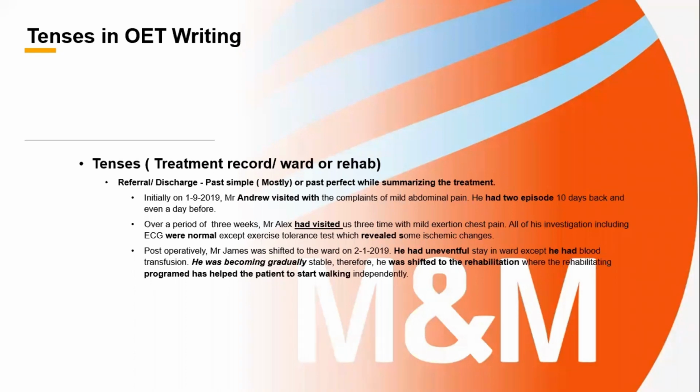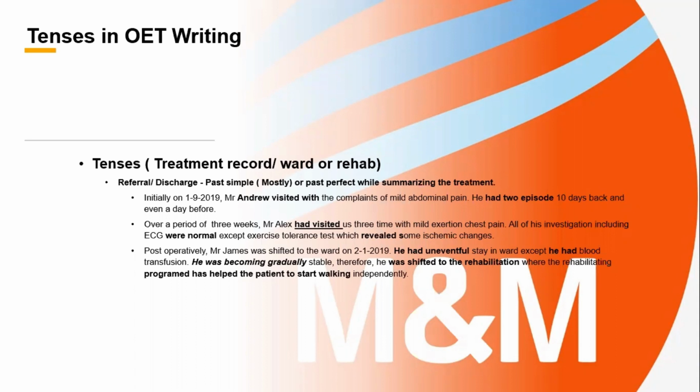If we have a treatment record or the ward history, this can be written mostly in past simple tense. If we have the treatment record or in the referral letter, all the visits before today can be written in the past simple tense, right?